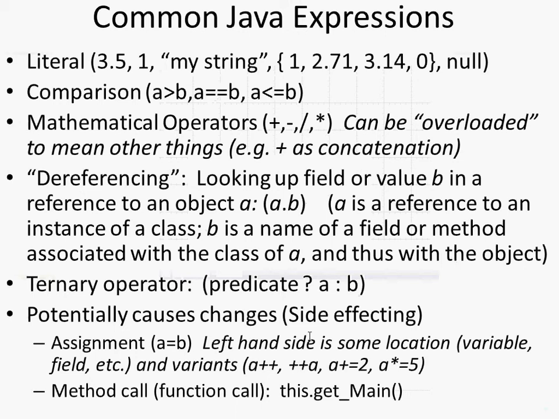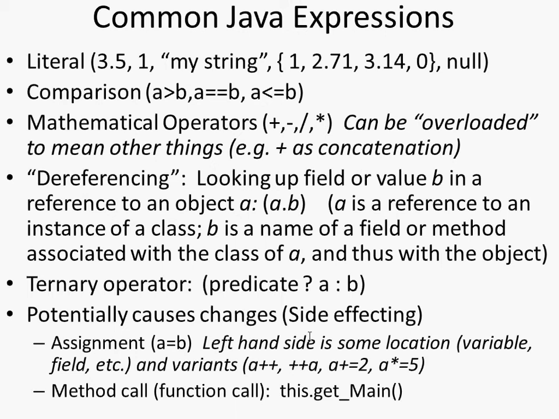For example, maybe we have if sex equals 0, question mark, blue, colon, pink. In other words, if sex is equal to 0, the value of this whole thing is blue, otherwise it's pink. That was an example where we saw that at one point in the dynamics.